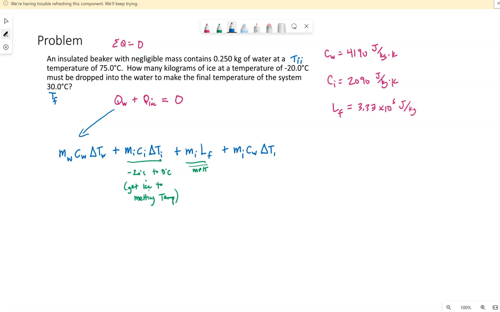I don't have a good name for that one. So this is to bring the water that was ice to the final temperature of 30 degrees Celsius. So all of this needs to add up to be 0, because the energy is going to be exchanging within this insulated beaker.